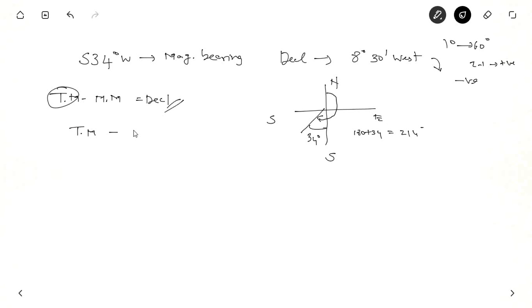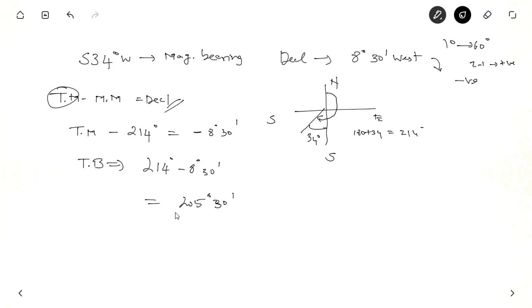So true meridian minus 214 degree equal to minus, because it is in west, 8 degree and 30 minutes. So the true bearing will be 214 minus 8 degree 30 minutes, which is equal to 205 degree 30 minutes.